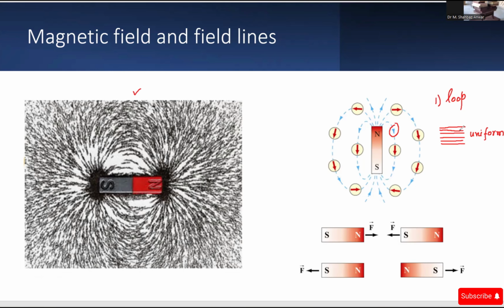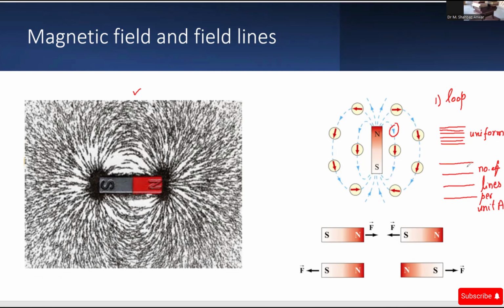When I say it is stronger, it means that compared to the other space where the magnetic field lines are far away from each other, the density is lower, meaning that the number of lines per unit area is lower, and this unit area is the cross-sectional area.